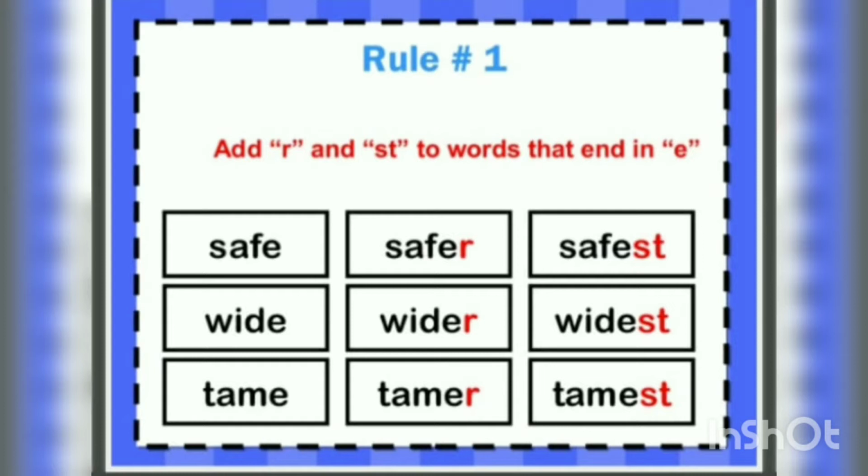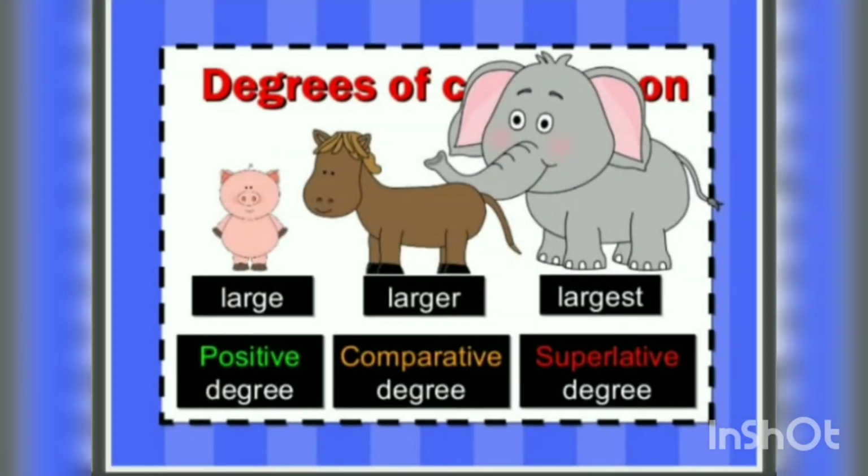Now, rule 1. Add R and ST to the words that end in E. Safe, safer, safest. So, positive degree, comparative degree, and superlative degree. Wide, wider, widest. Tame, tamer, tamest.